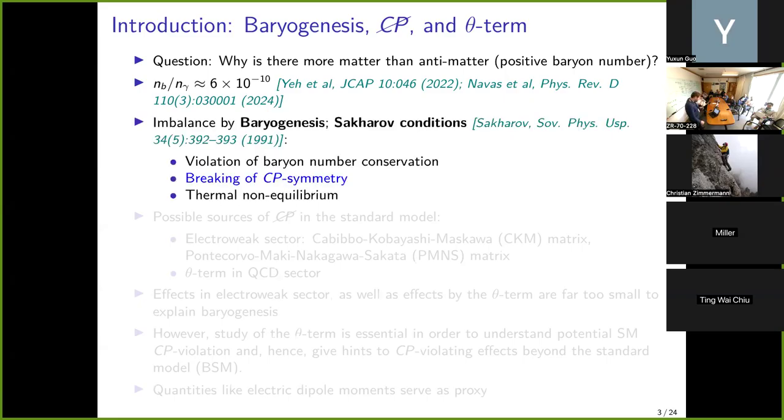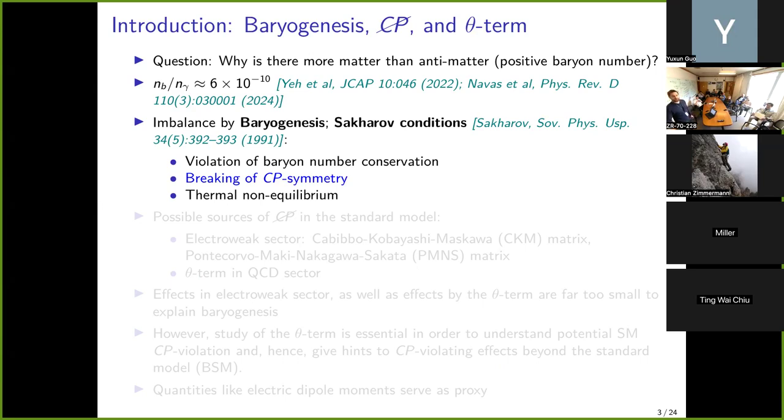In order for that to be possible, Sakharov proposed three conditions known as the Sakharov conditions. Namely, you need violation of baryon number conservation.